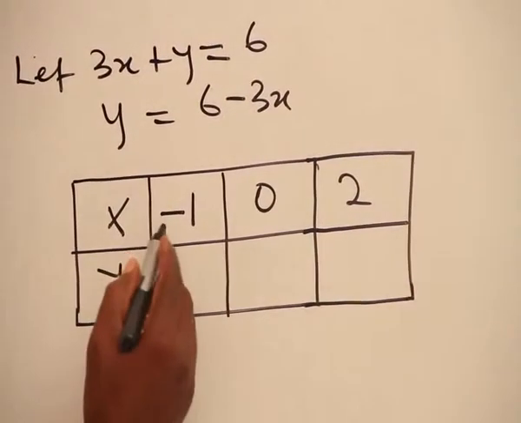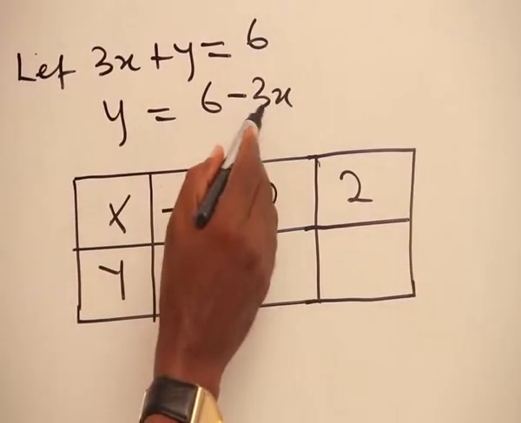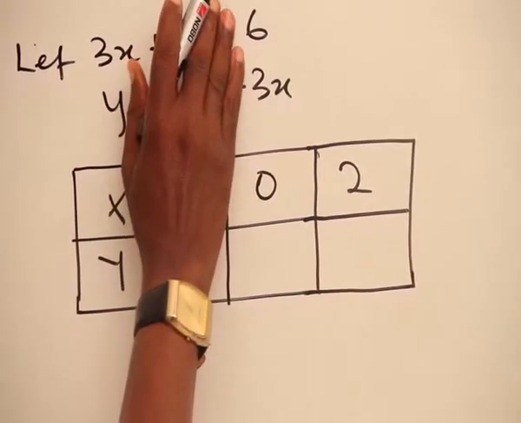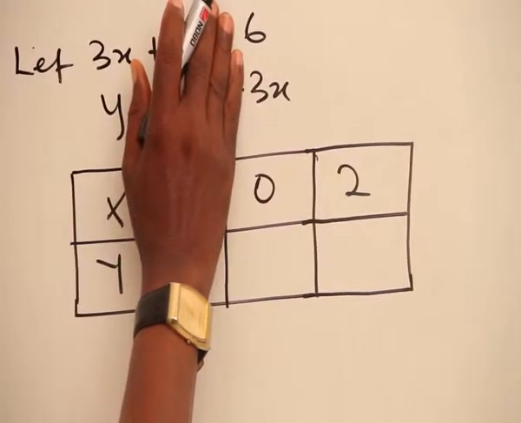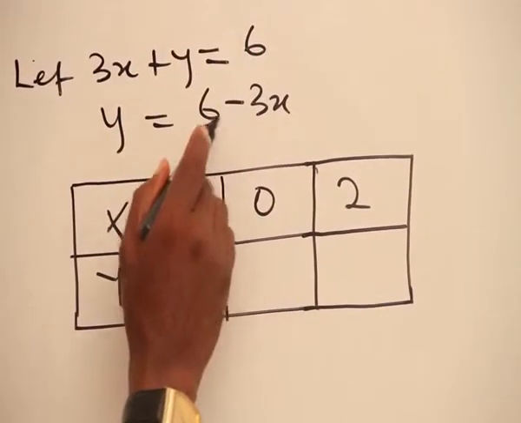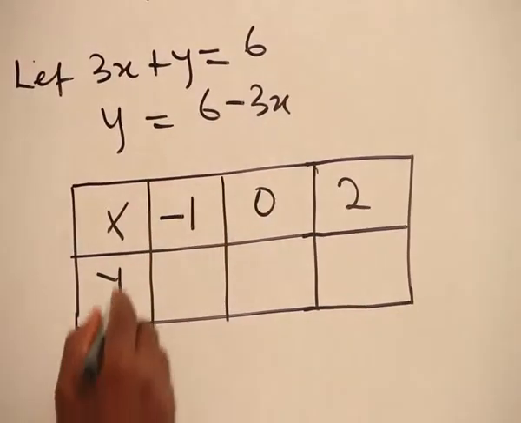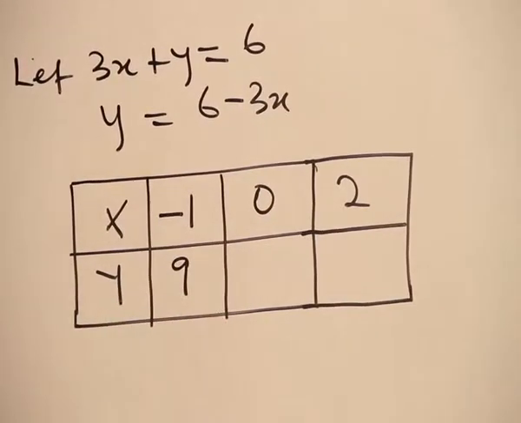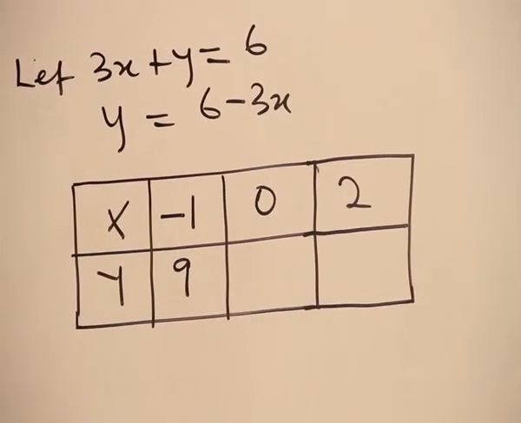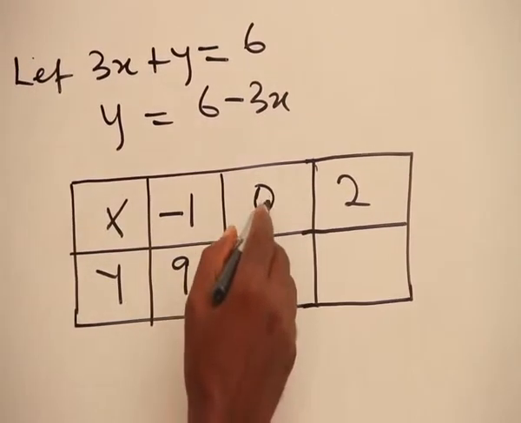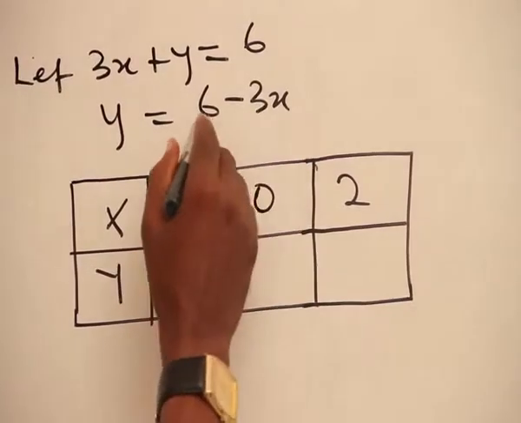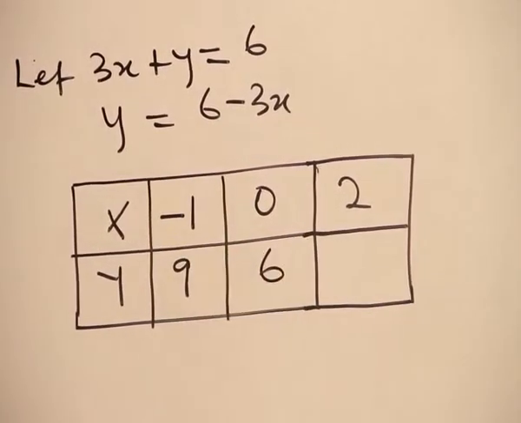Now, if your x is minus 1, you see that 3 times minus 1 is minus 3. 6 minus minus 3 will be 6 plus 3, and that is 9. Then you take another value. When x is 0, y is 6.